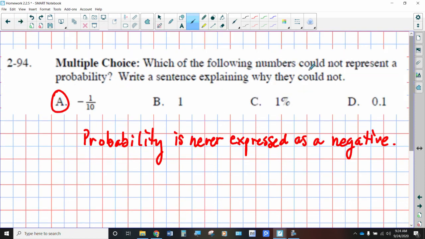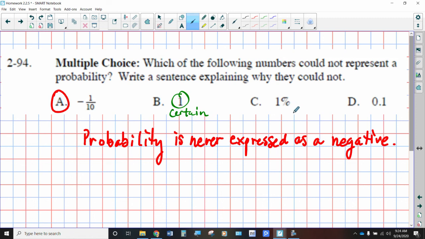All right, which of the following numbers could not be represented as a probability? Well, there's no such thing as a negative probability. That doesn't work. So probability of 1, that means that something is certain to happen. If you've only got blue marbles in a bag, what's the probability of getting a blue marble? It's certain, right? It's 100% or 1.